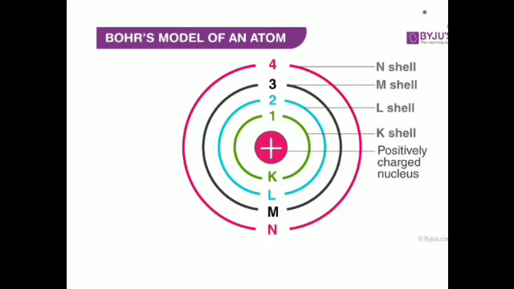So today I will take up the electronic configuration, that is the arrangement. How are these electrons arranged in these orbits? What is the distribution of these electrons? How are they distributed in the various orbits? We will discuss this today.